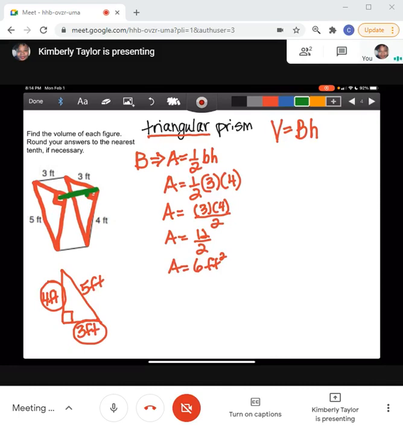If you don't know, just say I don't know. 3 feet. 3 feet is correct.